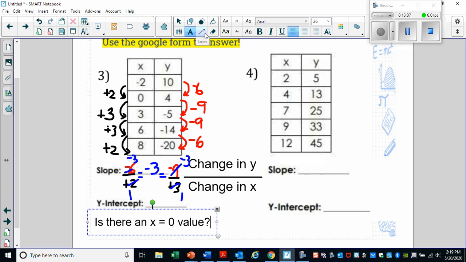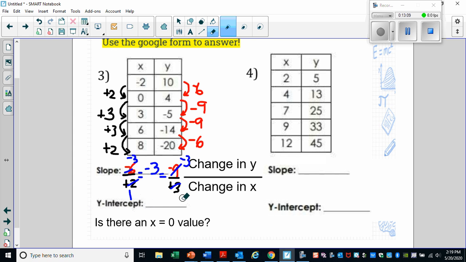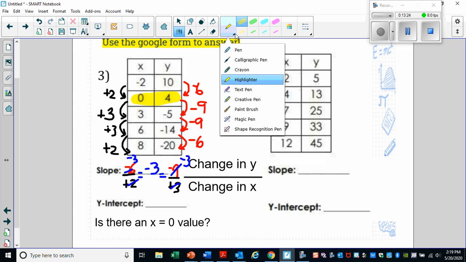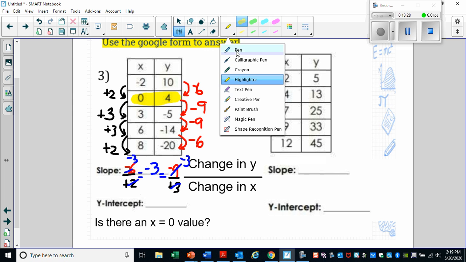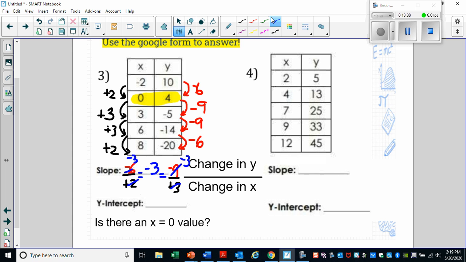So, therefore, if there is an x equals 0 value, highlight it. Because for this problem, if there's an x equals 0 value, then you will automatically have your y-intercept.